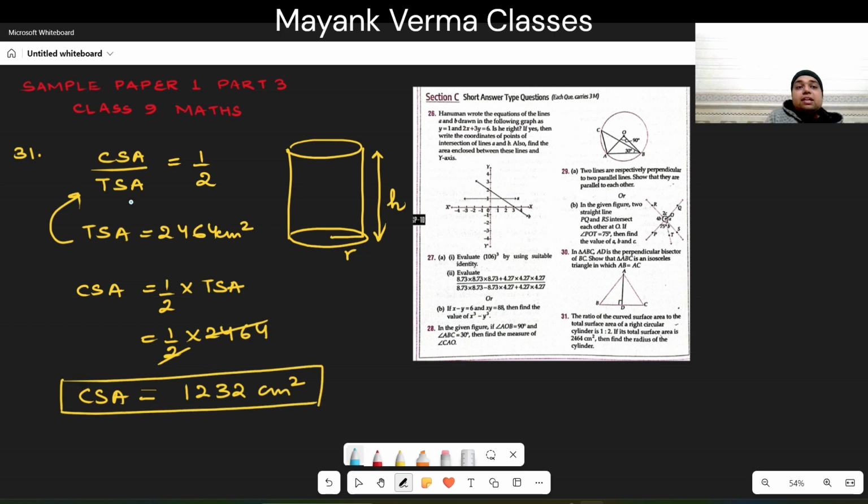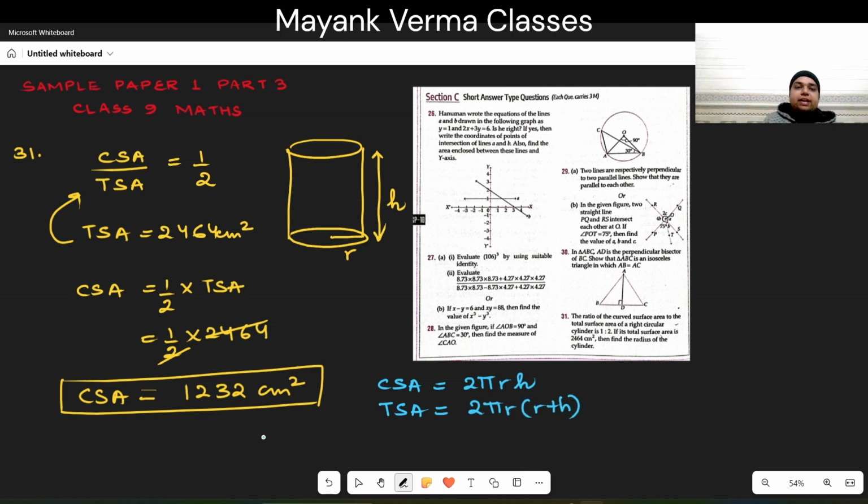Next, let's put the original values here. We know curved surface area and total surface area. Curved surface area of a cylinder is 2 pi r into h. And total surface area of this is 2 pi r into r plus h. Right?